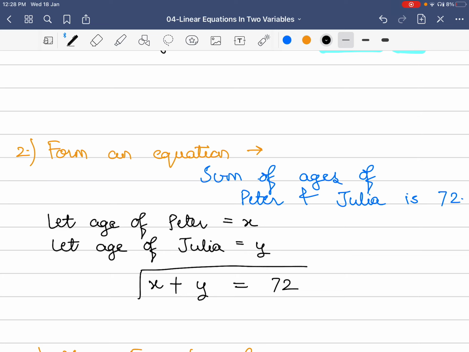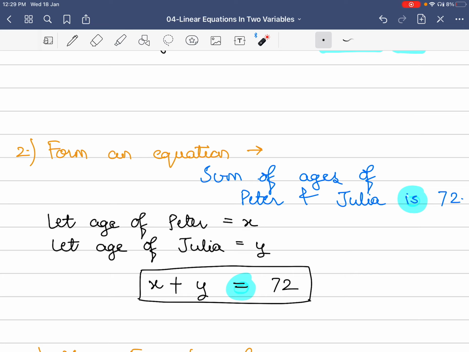This is how you're going to represent this information in the form of this equation. Sum of ages of Peter and Julia, x and y, is, so in English the word "is" always translates to equal to in mathematics. So the sum of ages is equal to 72.